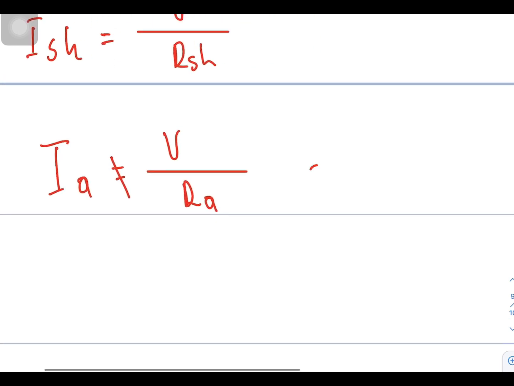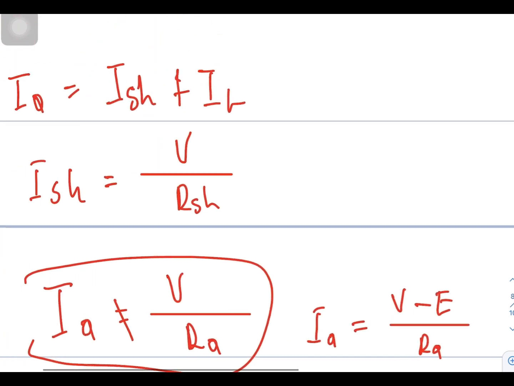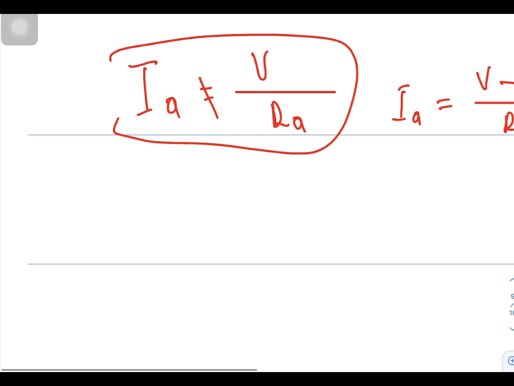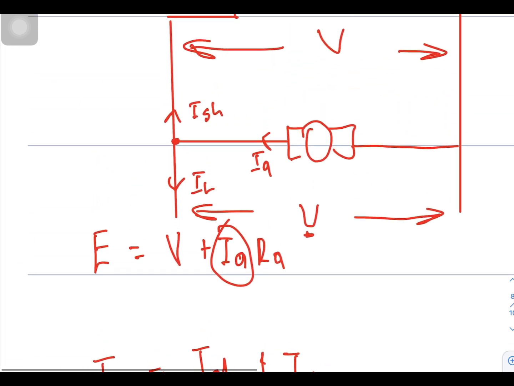The correct formula would be IA is equals to V minus E over RA, of which E is the back EMF. That is the only correct formula. Never apply the other one, please.